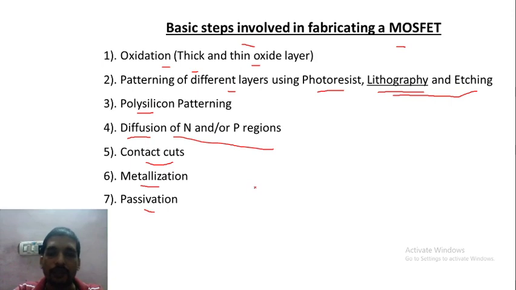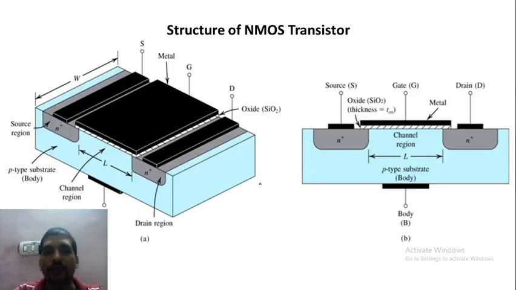So now let us see how we will fabricate a MOSFET, an NMOS we are talking about. Before fabricating it, let us first recapitulate the structure of the NMOS. We know that in NMOS there is a p-type substrate and two N plus doped regions, and between the two regions there is a channel.